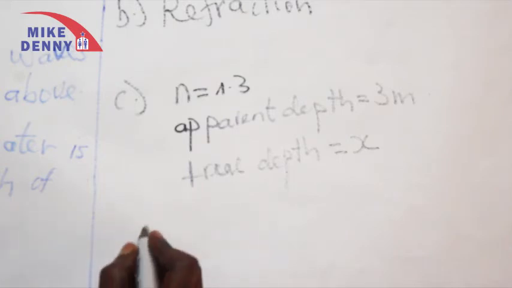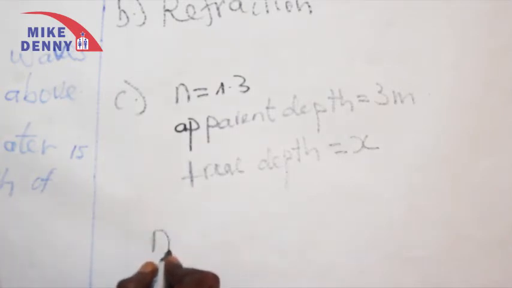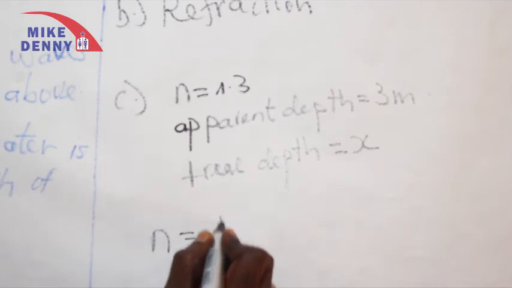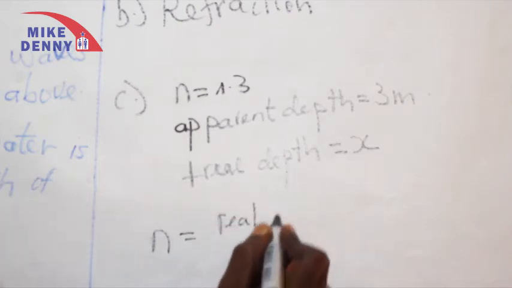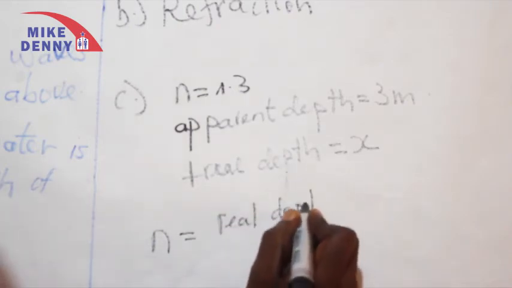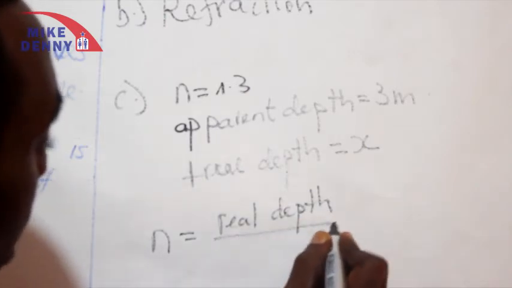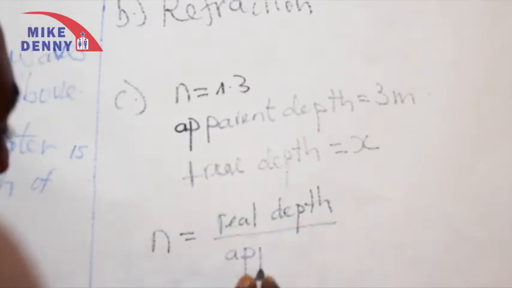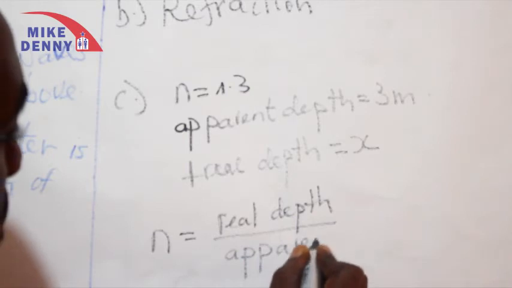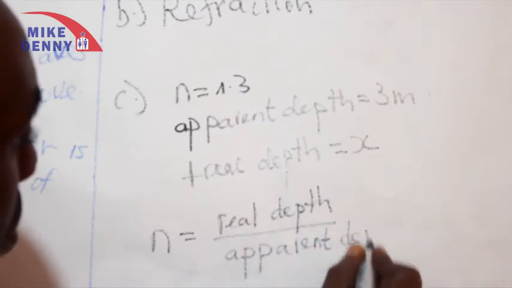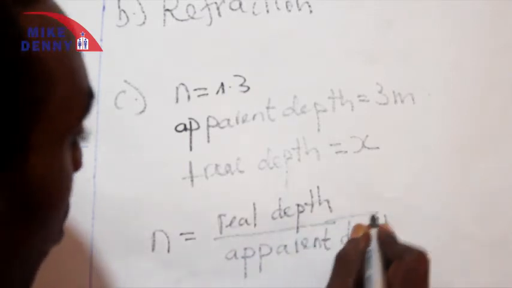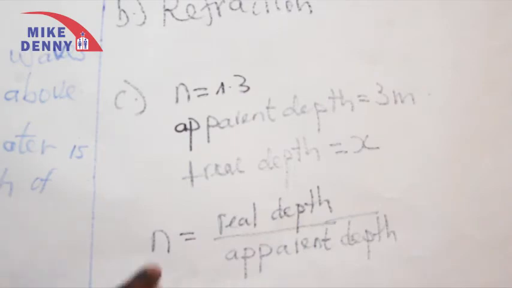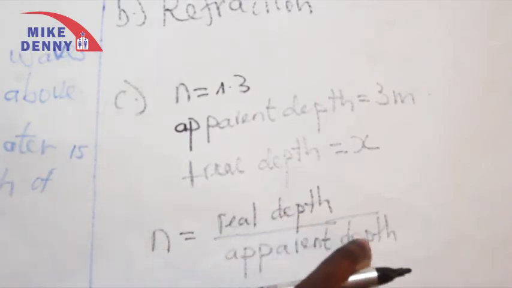I use my formula, refractive index N equals real depth divided by apparent depth.